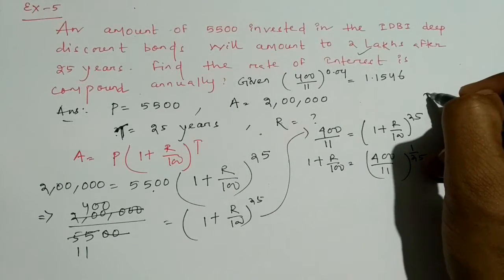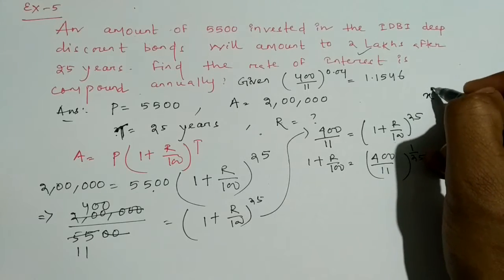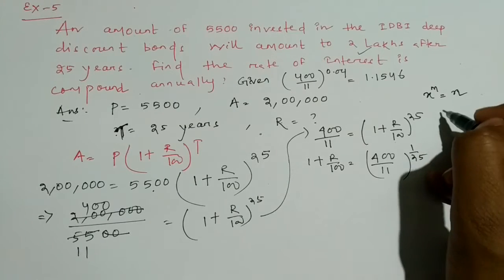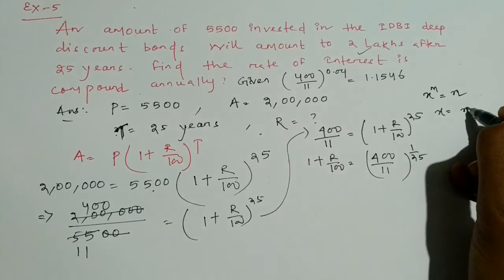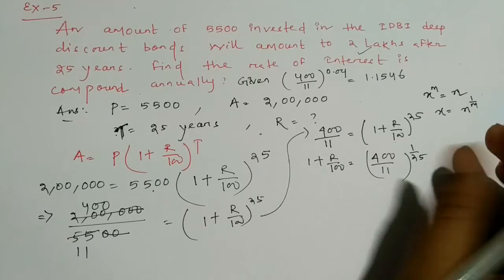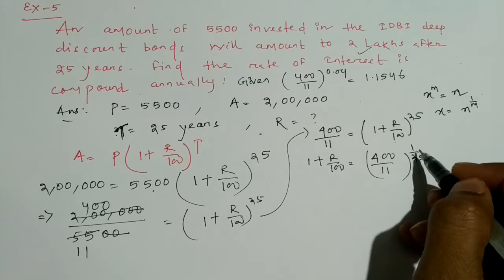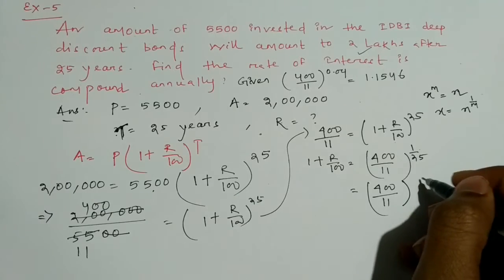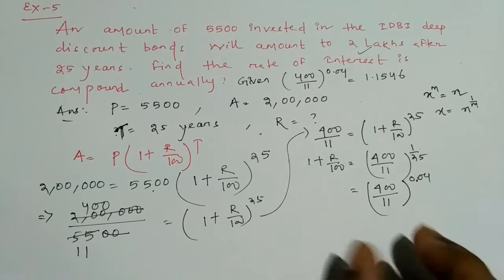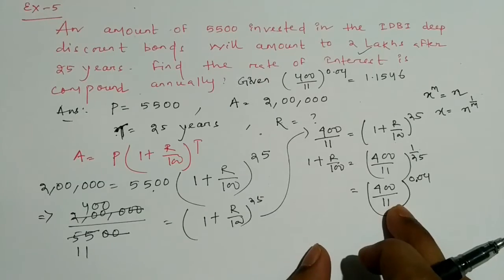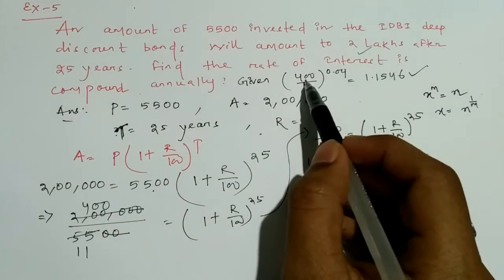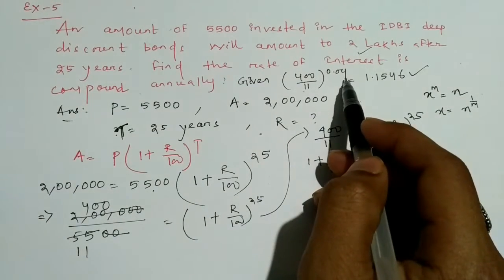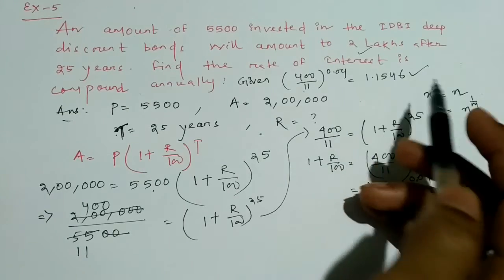Just remember one thing: if x to the power m is equal to n, then x will be n to the power 1 by m. Just remember this. So 1 by 25 is 0.04. If you clearly understand why this is coming, because it is already given that 400 divided by 11 whole to the power 0.04 value is 1.1546.